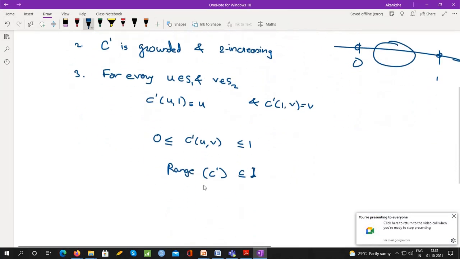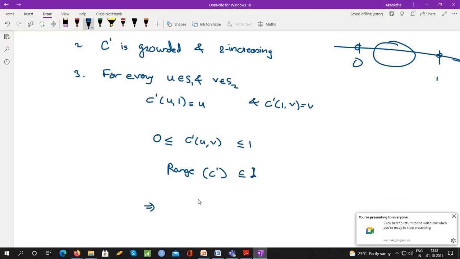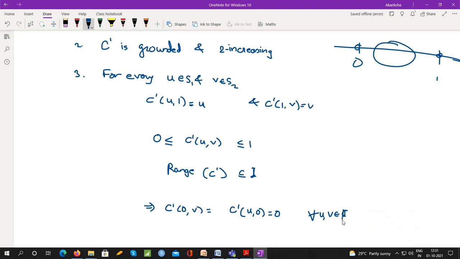Okay, so now this means C prime being grounded means C prime(0,V) is the same as C prime(U,0), and all these are 0 for every (U,V) in the domain. Ideally I should write for every U in S1 and for every V in S2.